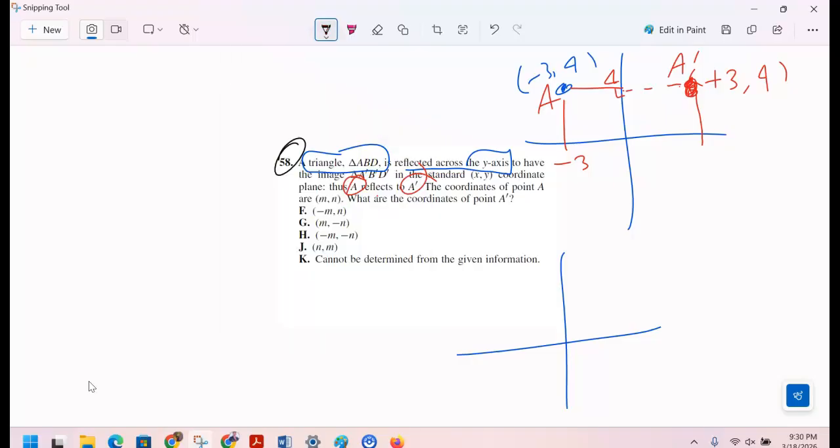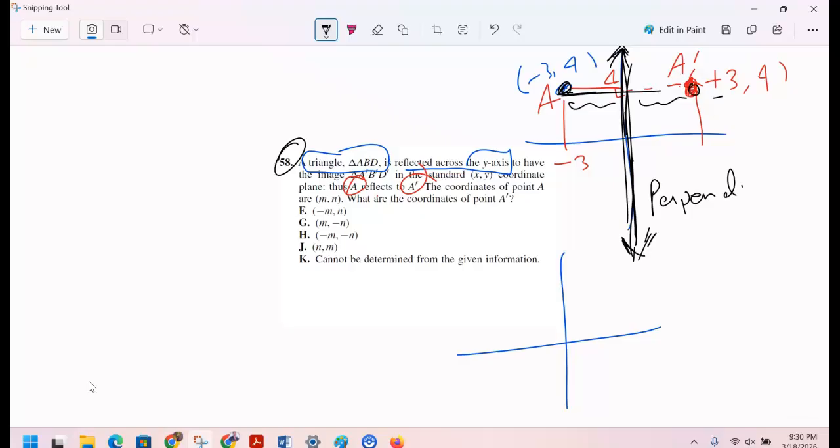In this case, you can see the y-axis acts like a line of symmetry, a line of reflection. It also behaves like a perpendicular bisector, because the distance from this point and this point is the same. So this point just switches the sign.